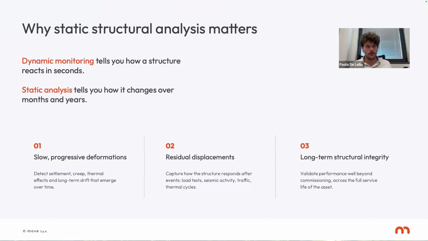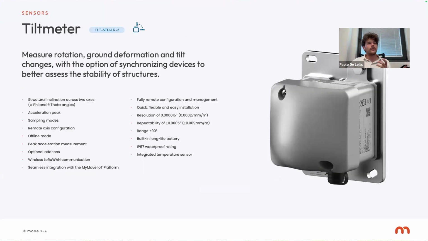But of course, it's important to understand also the slow movement of the structure with the static sensors. In particular, we have different types of sensors, but today we focus on the tiltmeters. The tiltmeter, I think, is an incredible sensor because it is a simple sensor.